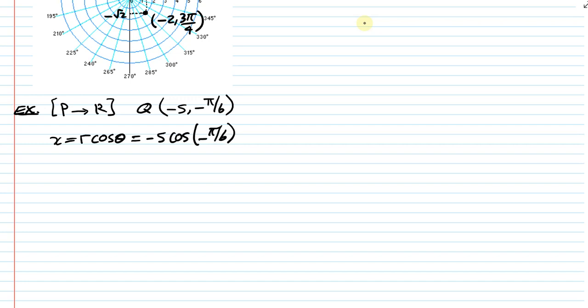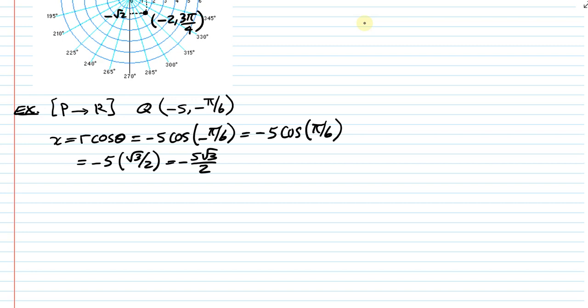And remember the negative angle identity, cosine of negative theta is the same as cosine theta. So that's negative 5 cosine pi over 6. And cosine of 30 degrees is root 3 over 2. Correct? So that's negative 5 times root 3 divided by 2. So the whole thing is negative 5 root 3 over 2.